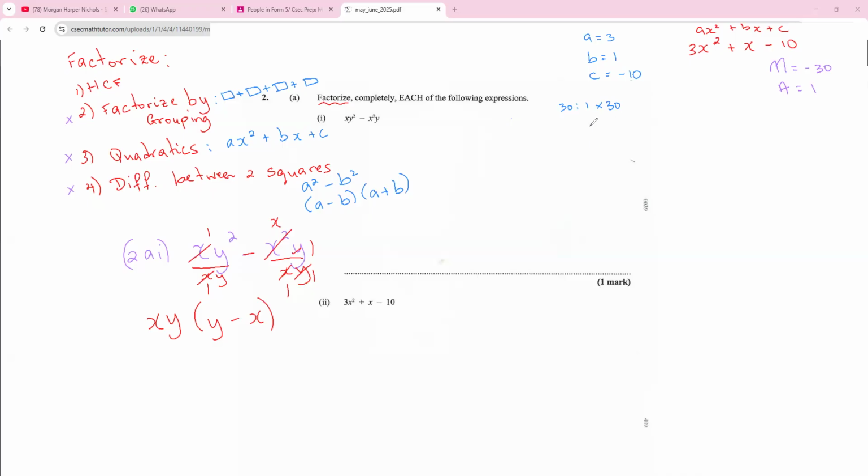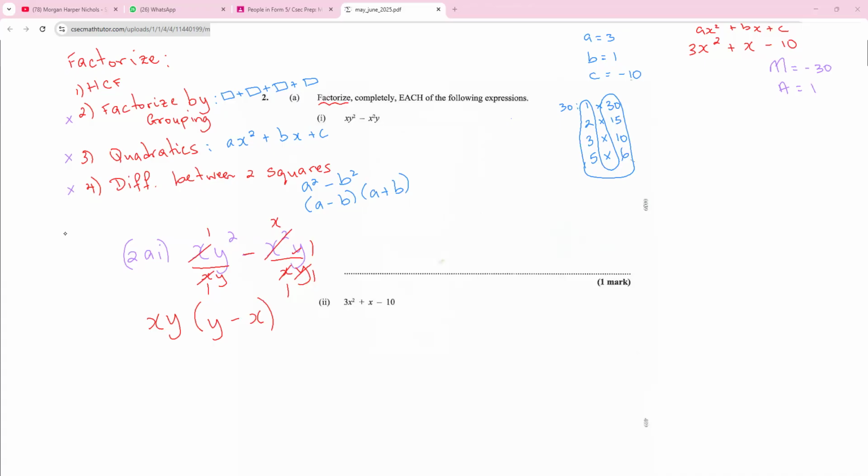So you go through all. 2 times 15 will get me 30. 3 could go into 30, 10 times. 4, no. But 5 can, 6 times. And what you'll realize is after a while, you're going to see that all the factors, they will form a loop. 1, 2, 3, 5, 6, 10, 15, 30 are all the factors of 30.